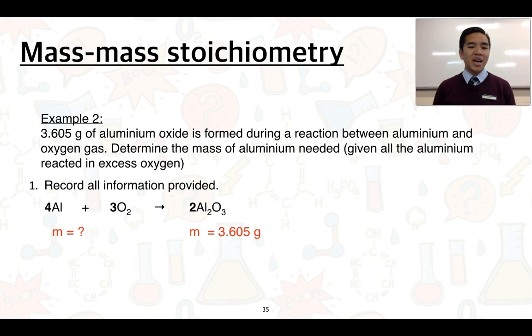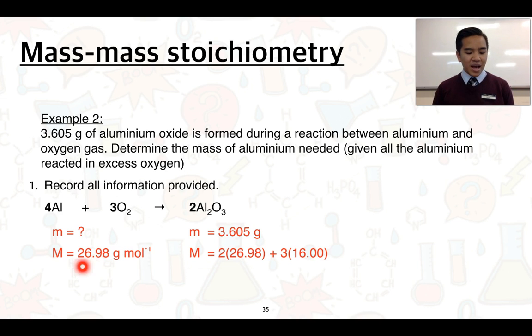We're going to go ahead and reuse those molar masses that we calculated before. Aluminium at 26.98, and then aluminium oxide is going to give us 101.96 grams per mole. I'm then going to just label these as my known and unknown. So in this case, my known is my aluminium oxide product. My unknown is my reactant aluminium.